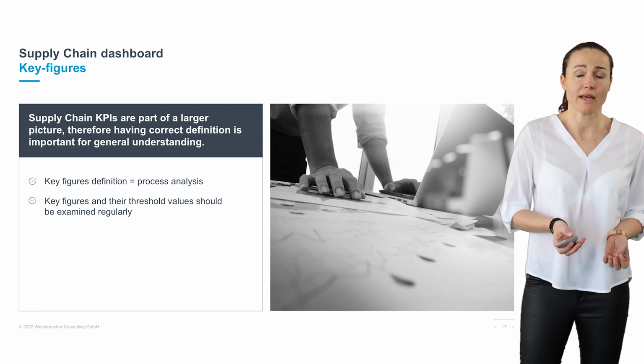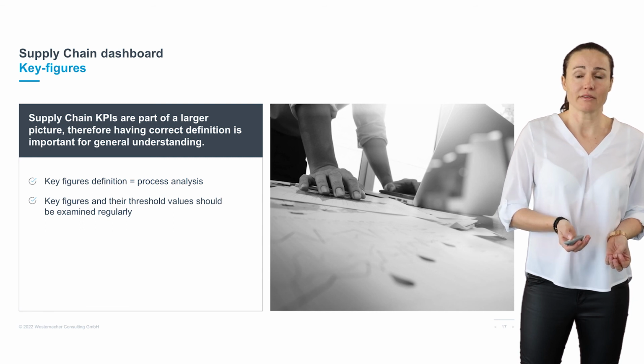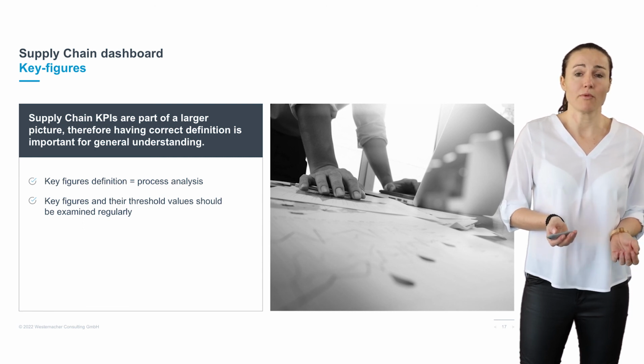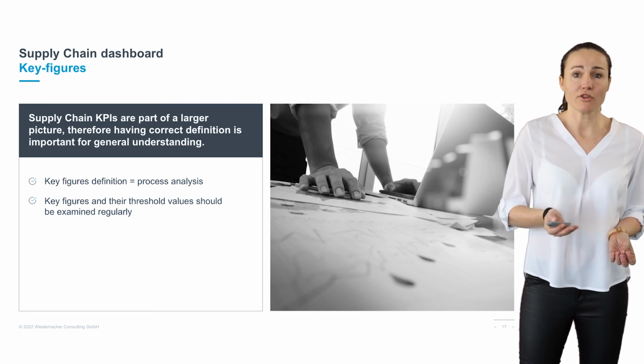In this documentation, you should find information about the calculation of the key figures, about all the relevant dimensions, and the filter criteria. So for example, which time dimension should be used? Should it be the initial delivery date, the requested delivery date, and so on?